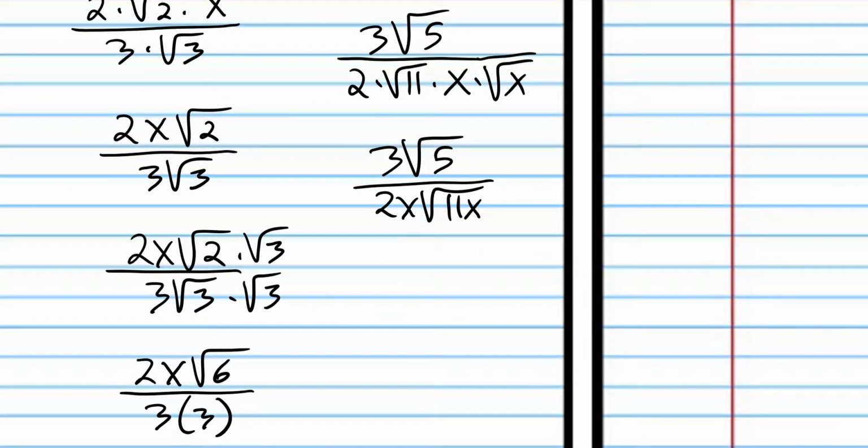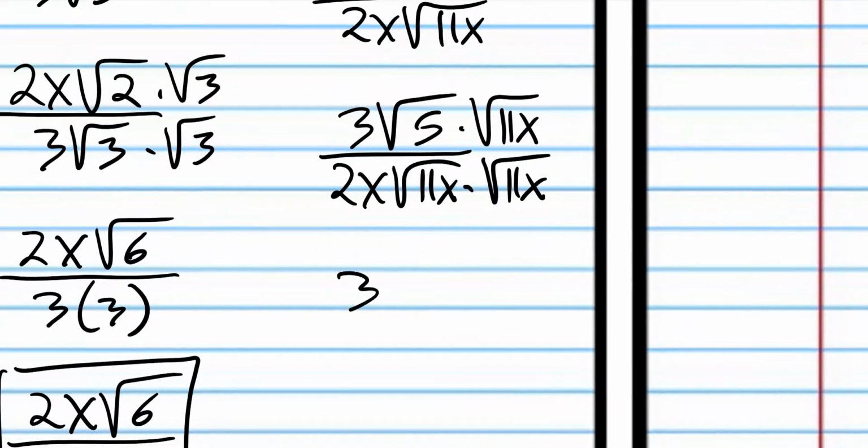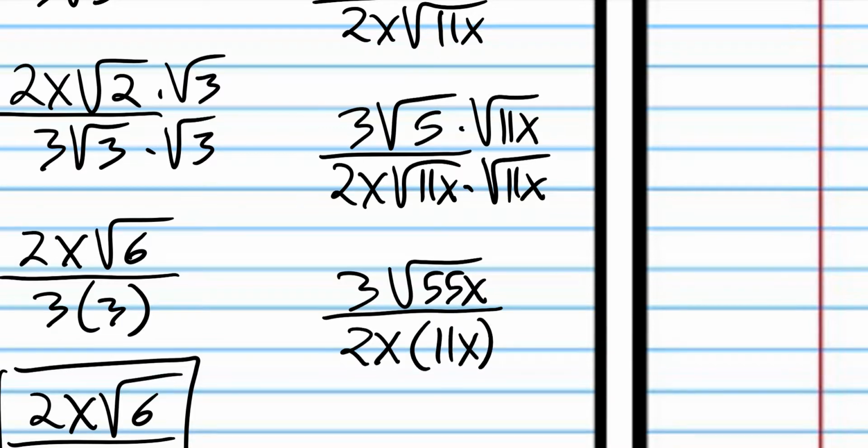And now we have to get rid of that root in the denominator. So we're going to multiply both sides by 11x. And we get 3 root 55x over 2x times 11x.